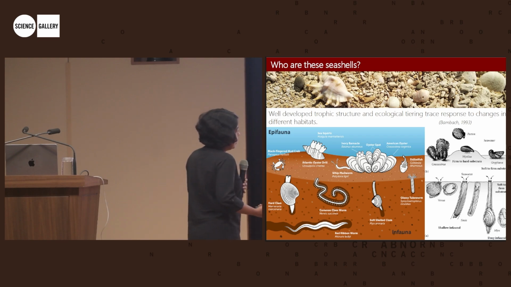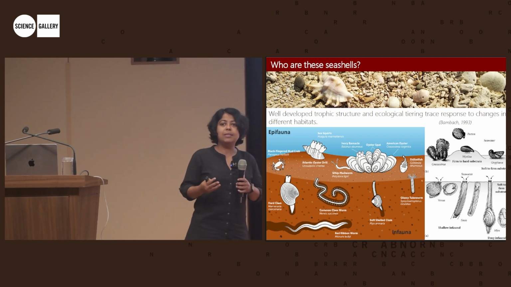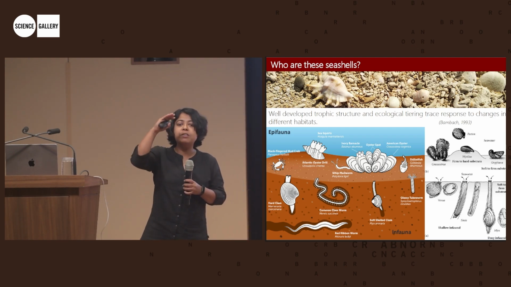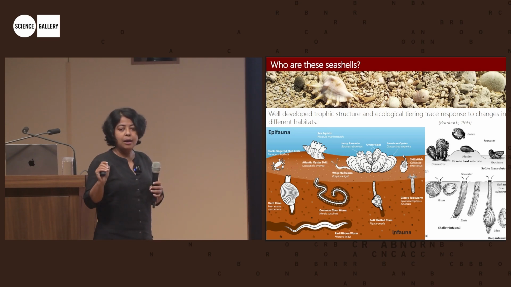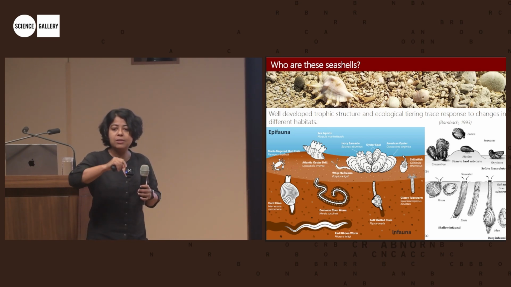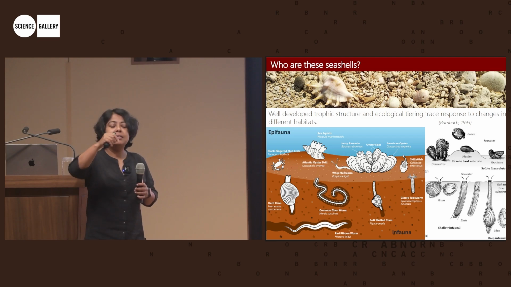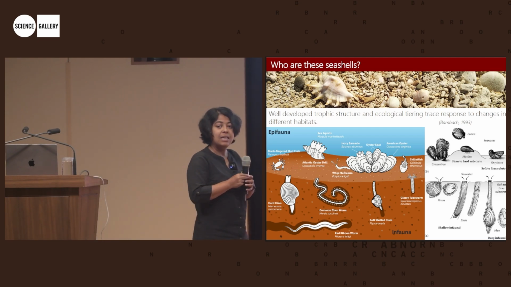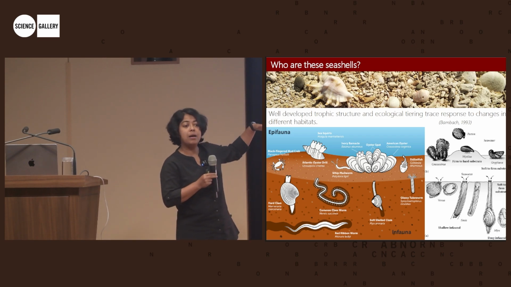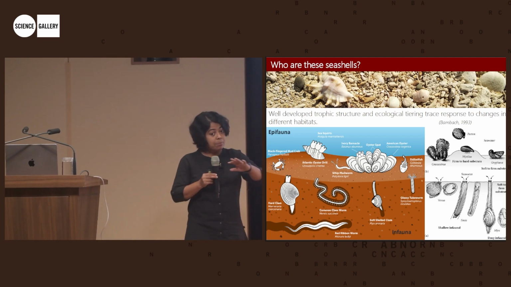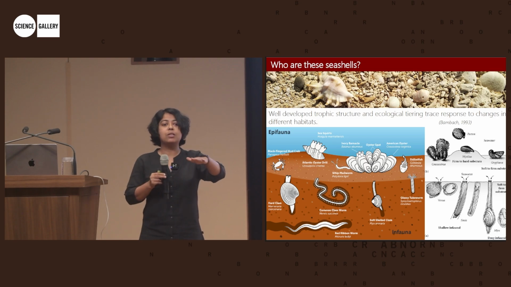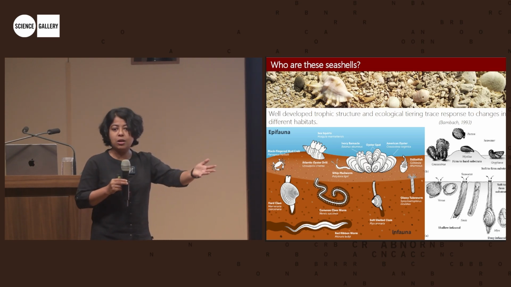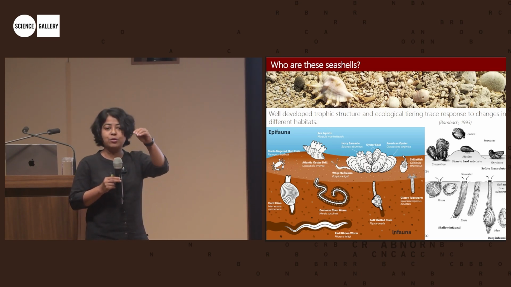Now, for a paleontologist, we are always interested in getting information from different parts of the world. And these different parts are not always necessarily geographically separated. It could be the same place, but different depths. That's where these seashells are very handy, because they live in different parts of the sediments. Some of them you see right on top of the sediments, always crawling and trying to go down.